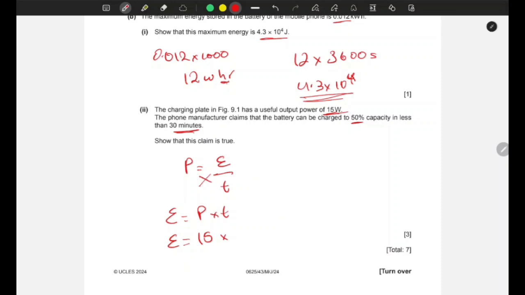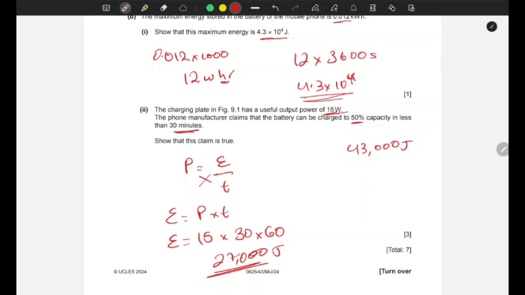So let's check how much it charges in 30 minutes, which we also have to convert to seconds by multiplying by 60. So 27,000 joules of energy is transferred in 30 minutes. The total amount it can transfer is 4.3 times 10 to the power 4, or we can just rewrite it as 43,000 joules.